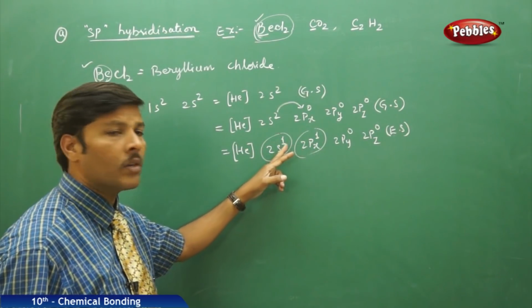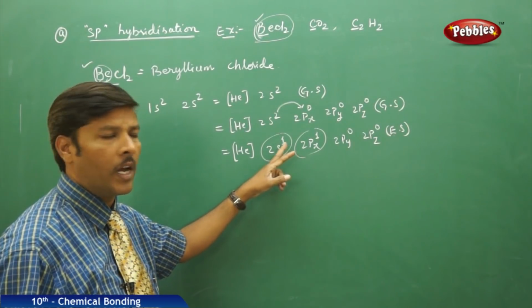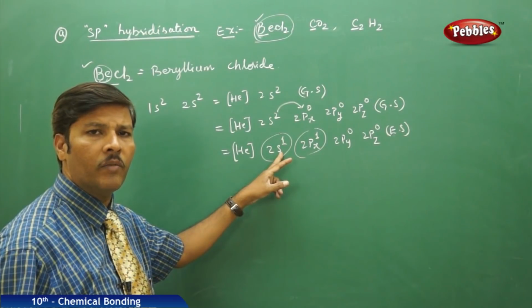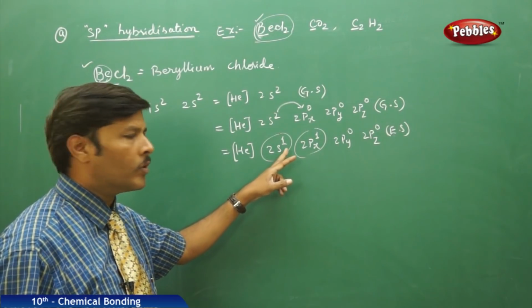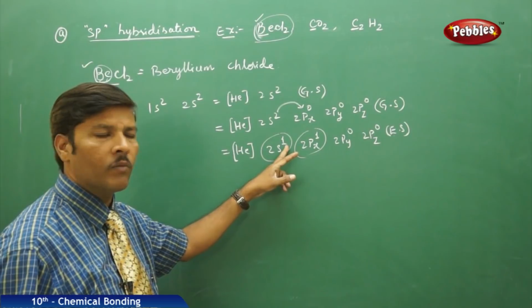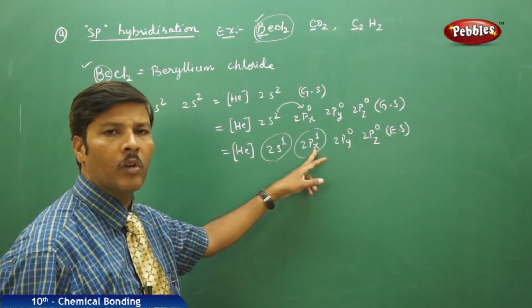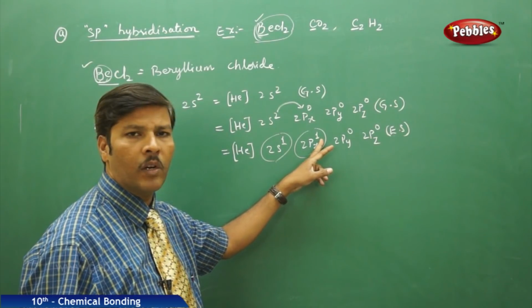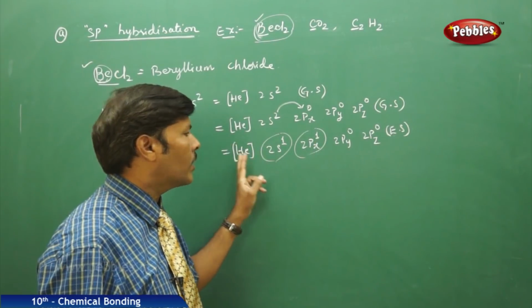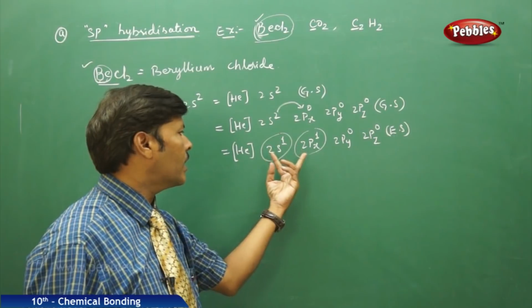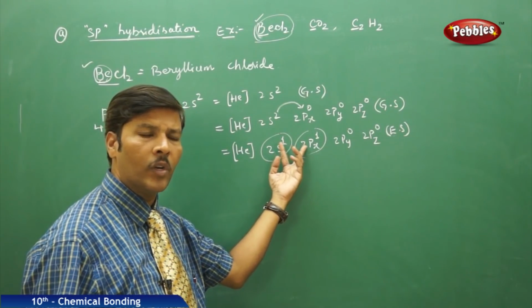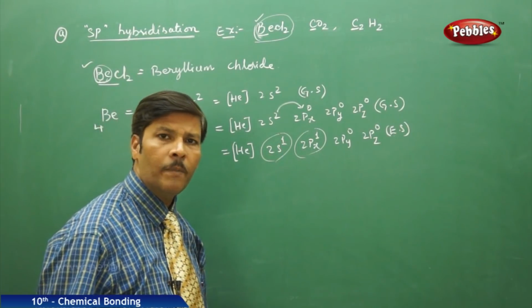So we are taking one s atomic orbital with unpaired electron, it is 2s atomic orbital, but for our convenience, we can say it simply as s atomic orbital, and 2px atomic orbital, simply p atomic orbital, again with one unpaired electron. That means the beryllium central atom in beryllium chloride has 2 pure atomic orbitals, one s and one p atomic orbital with 2 unpaired electrons.